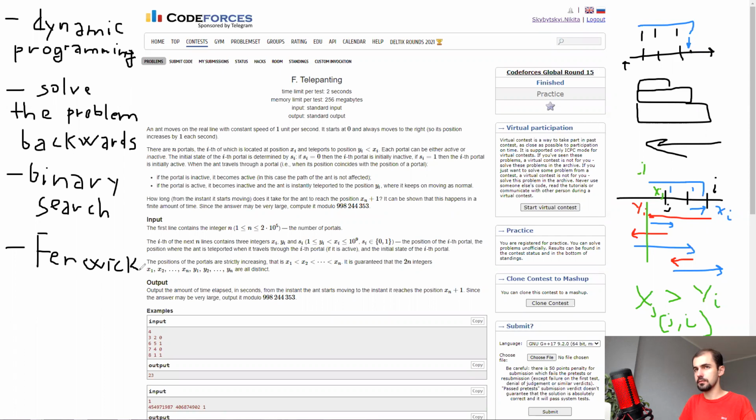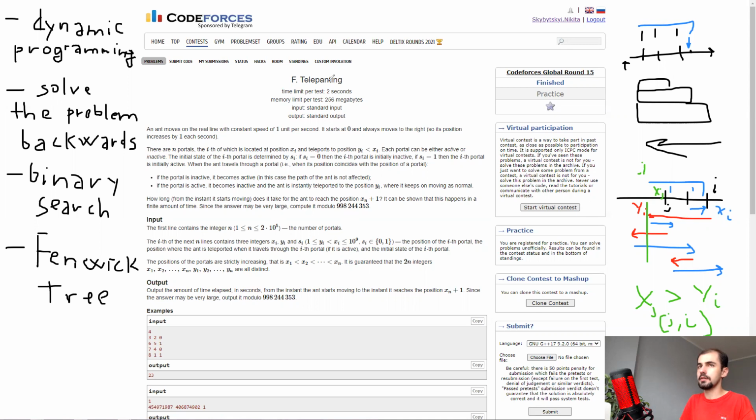Fenwick tree can help you solve some of the problems which are not necessarily about data structures. So this problem originally does not appear that it has anything to do with data structures, but it turns out that it does. Sometimes data structures are useful to optimize certain quadratic operations to n log n when you're doing a lot of such operations.